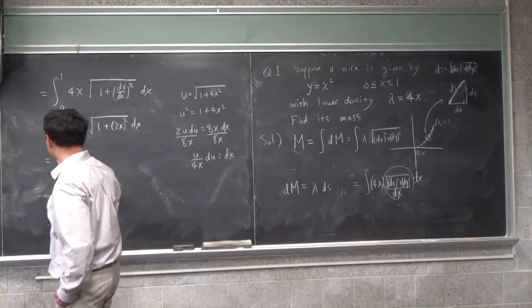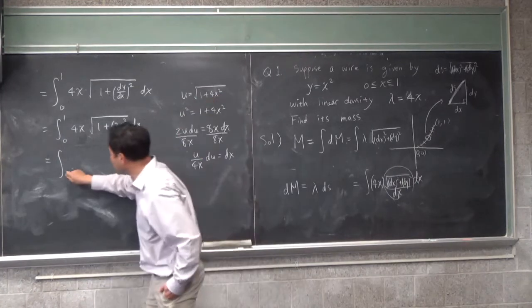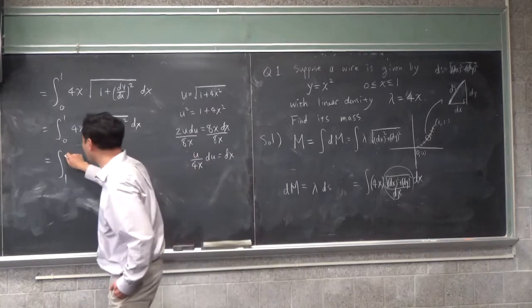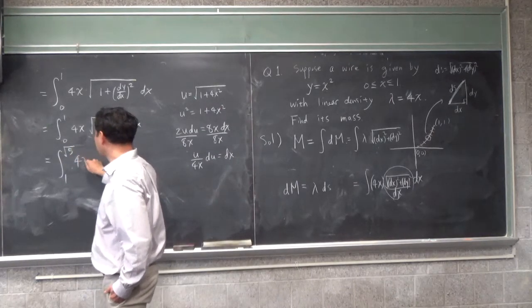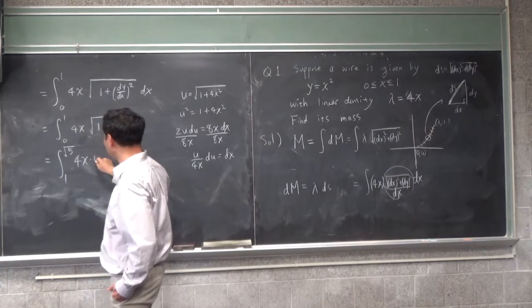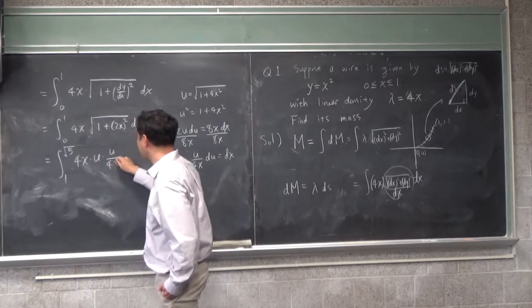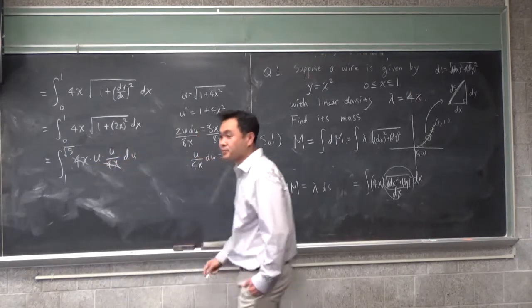So you end up with, oh, and by the way, when you plug in 0, you get 1 as u. When you plug in 1, you get square root of 5 as the value of u. And then you have 4x. We decide to call this u. dx is u over 4x du. And these cancel, right?